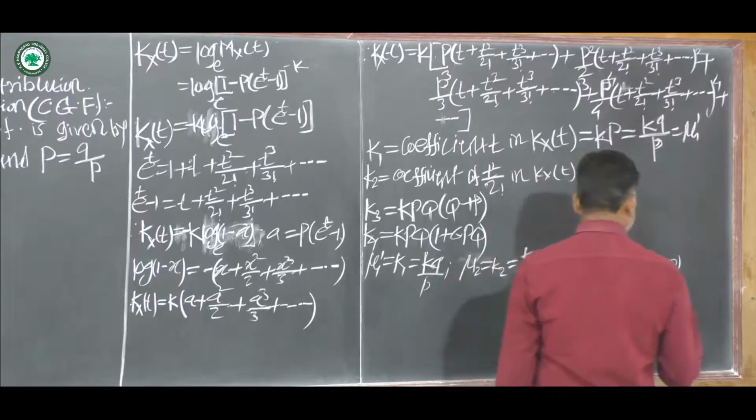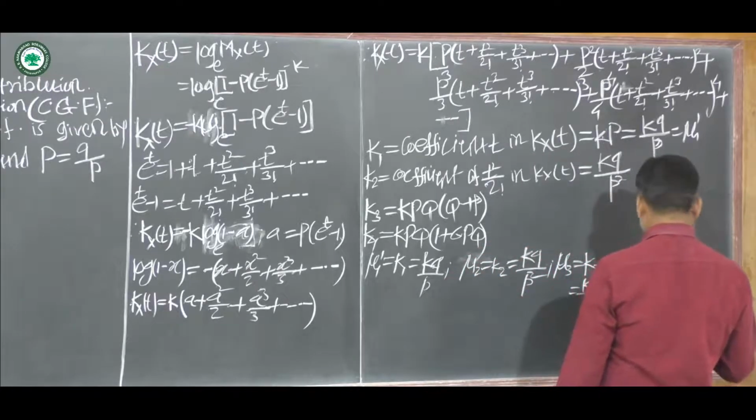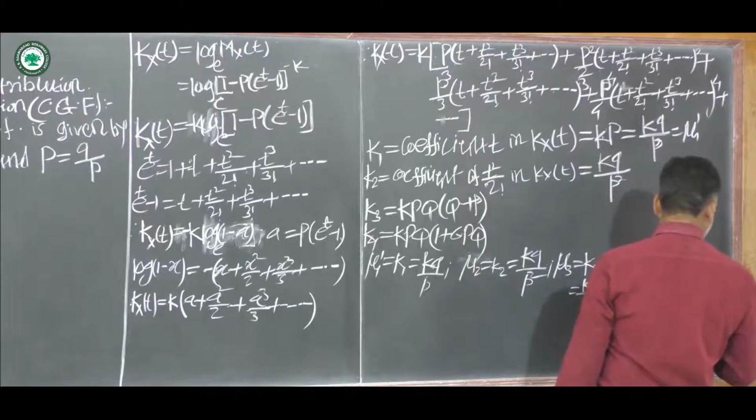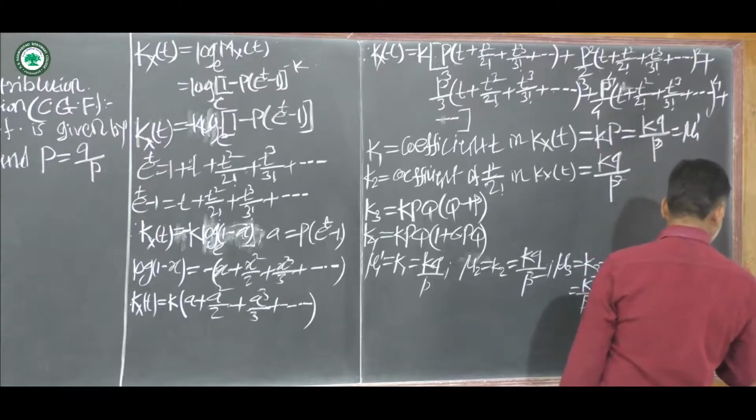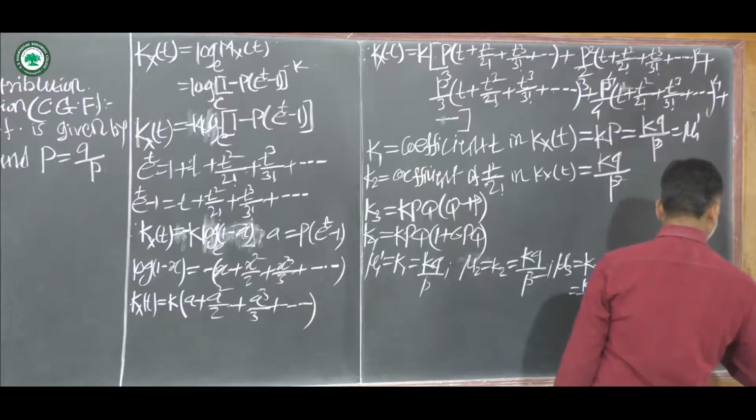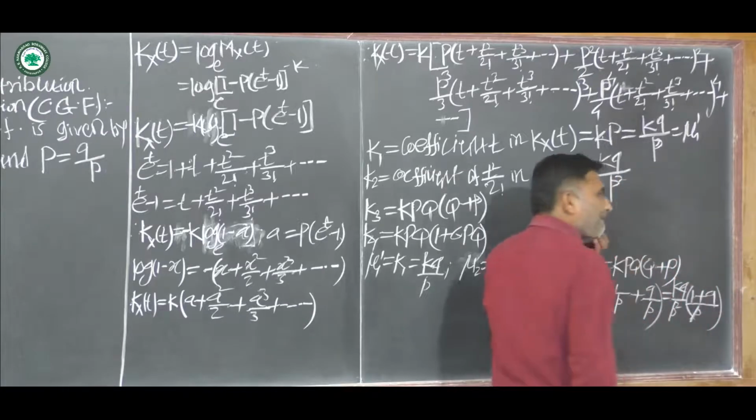Okay, and which is equal to kq upon p square into bracket, this is 1 plus q upon p.